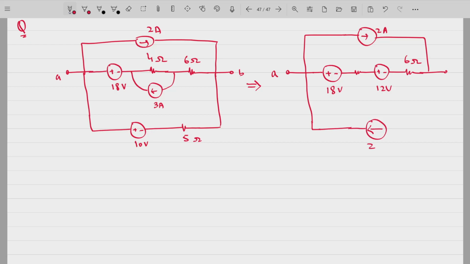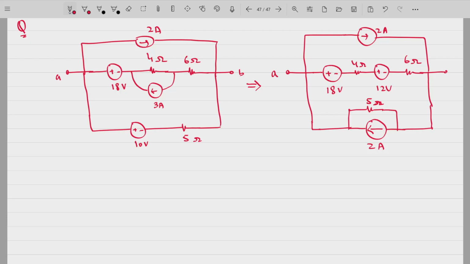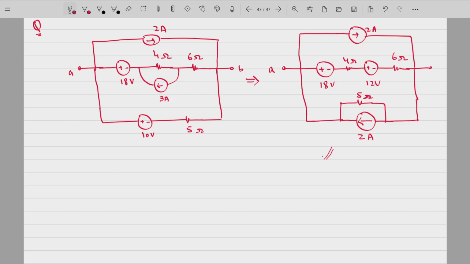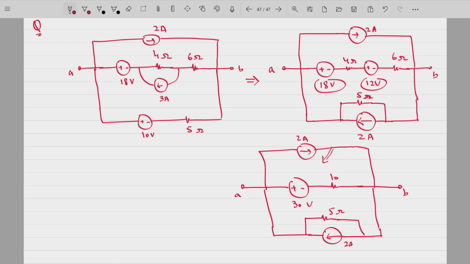So this will be 10 divided by 5, 2 amperes in parallel with 5 ohms. ये आपकी 4 ohms है। This is now 18 and 12 in series, so that becomes 30 volts. 4 and 6 in series, that becomes 10 ohms, plus minus 30 volts, 10 ohms, 2 amperes, 5 ohms. You can do it the normal way also, you can do it like this also.